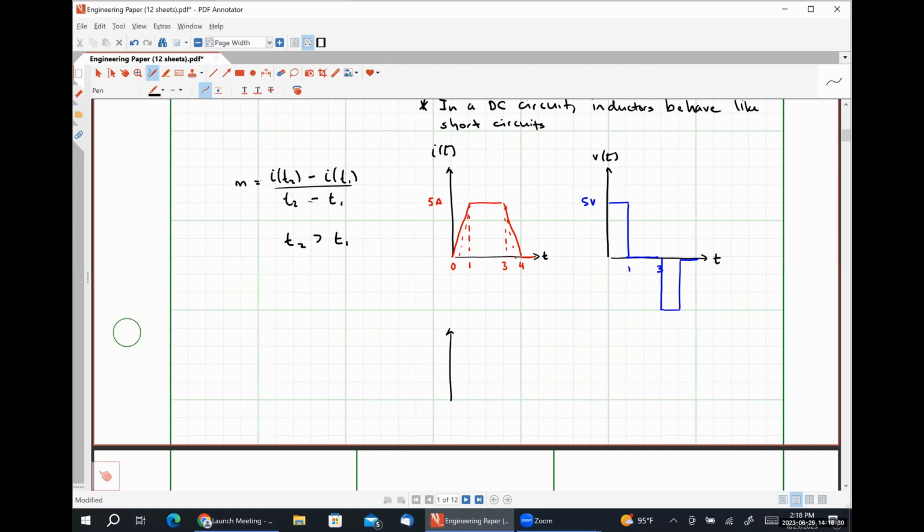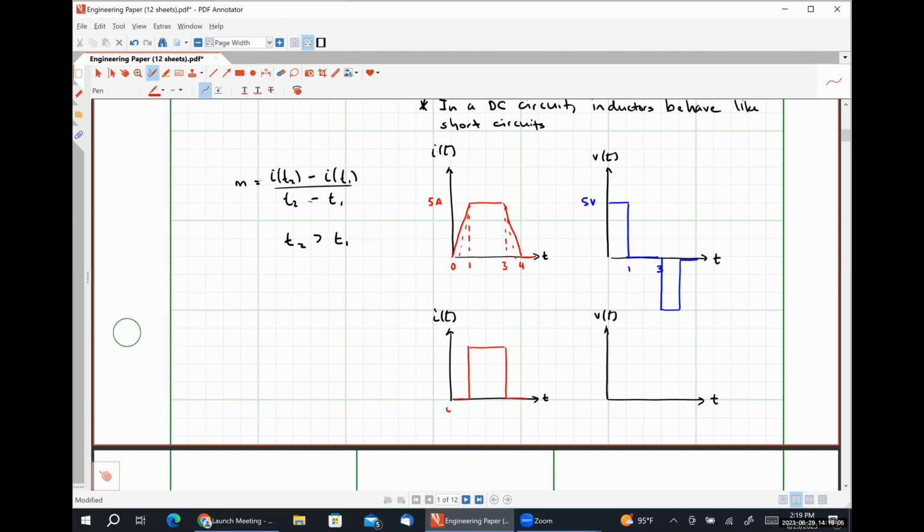So let's say that this is my current. This graph over here is going to be for my voltage. So what if I allowed my current to instantaneously change from 0 amps up to 5 amps and then instantaneously change back down to 0, right?